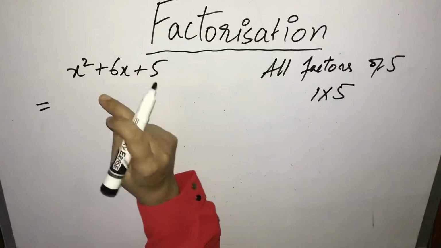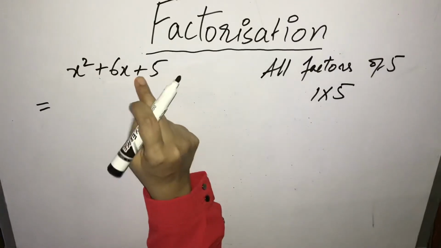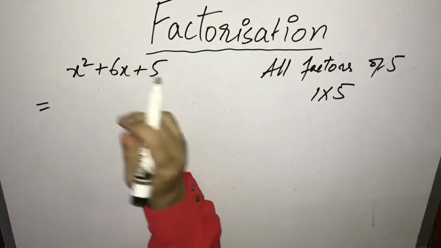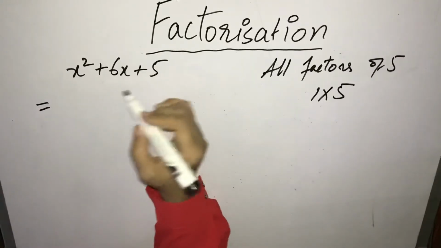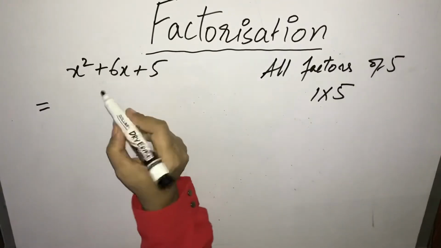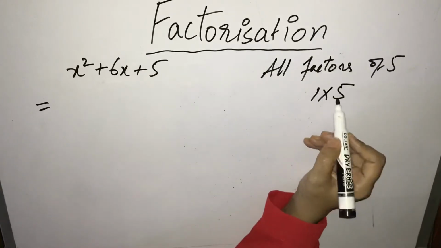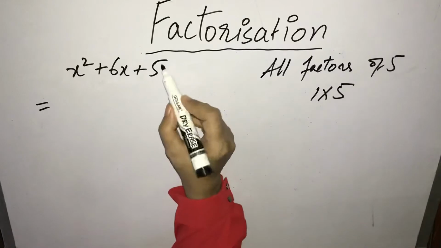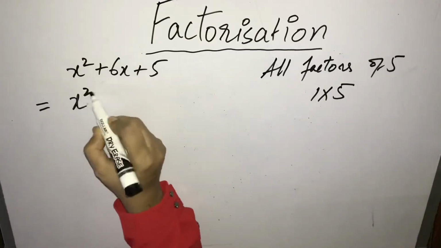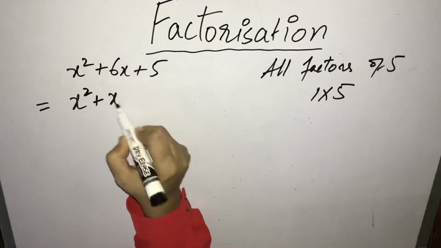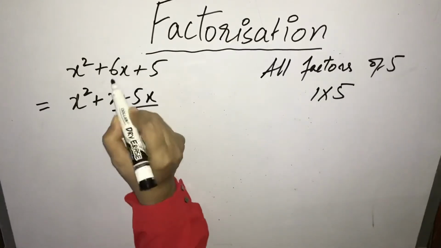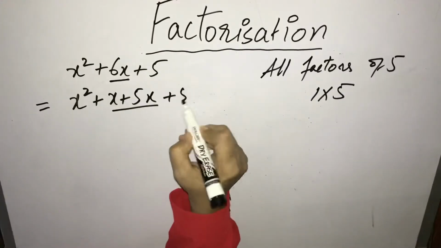Moreover, these two signs, plus and this plus, decide how we are going to take the factors. Here, if we add 1 and 5, we get 6, and if we multiply 1 and 5, we get 5. So, as it is the simplest possible question, I will take x and 5x, make 6x plus this 5.